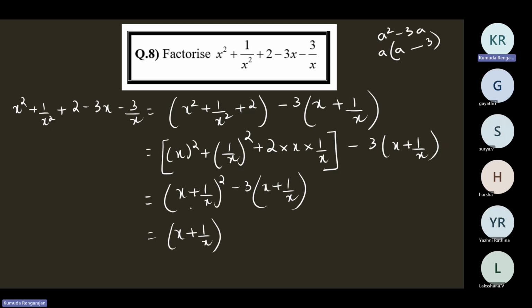In the same way, x plus 1 by x into x plus 1 by x is (x plus 1 by x) the whole square, minus 3. This into this is the first term. This into this is the second term.